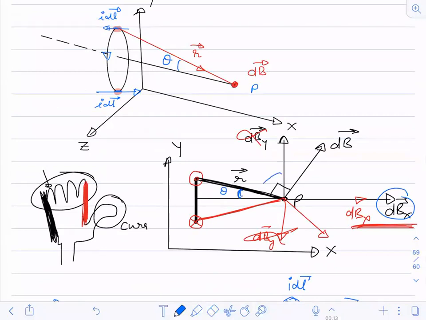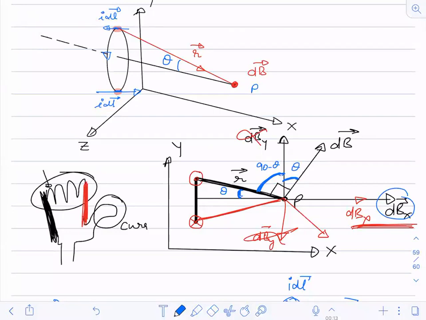What will be this angle? Will it be 90 minus theta? Because the complete angle along the horizontal line and the vertical line is 90 degrees. So if this angle is theta, this angle will be 90 minus theta. Now this angle will be theta.